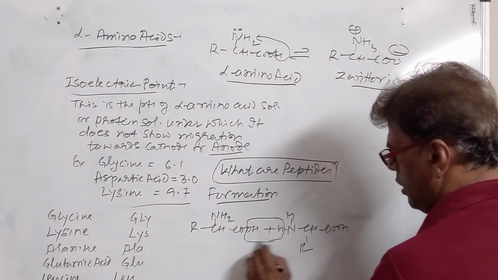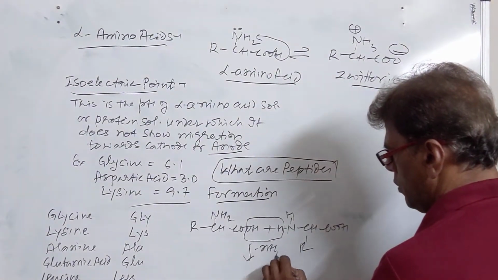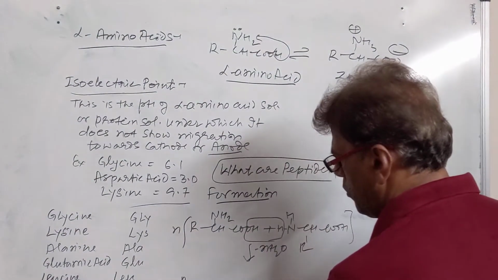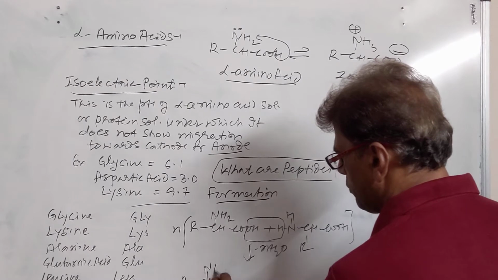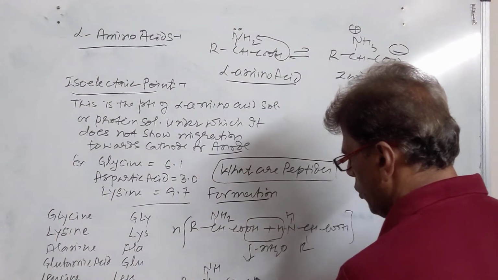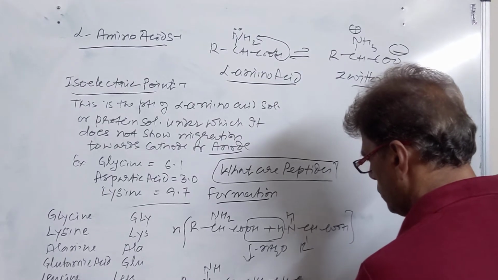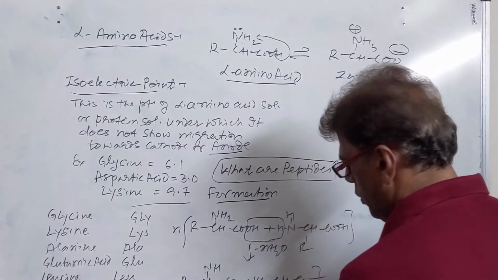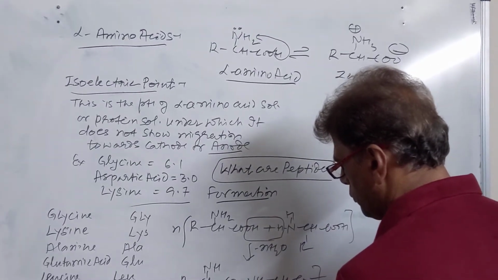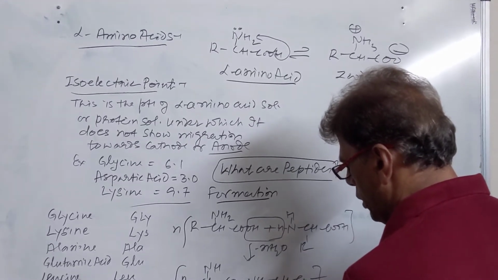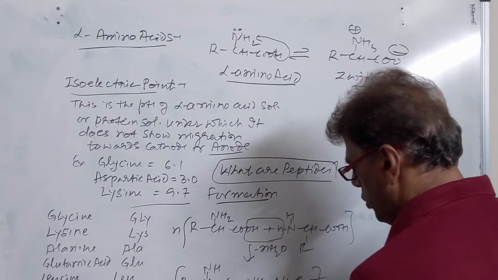This eliminates water, and when n number of units combine, we get n number of peptide linkages. This is called the peptide bond. This is a dipeptide, since it is made up of 2 alpha amino acids.